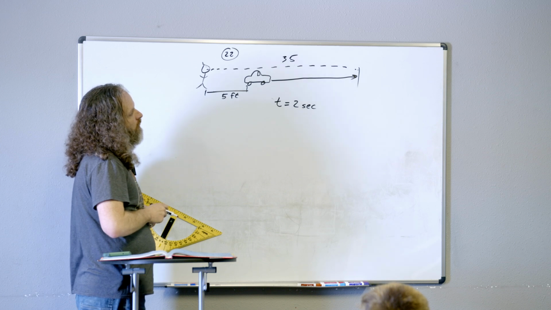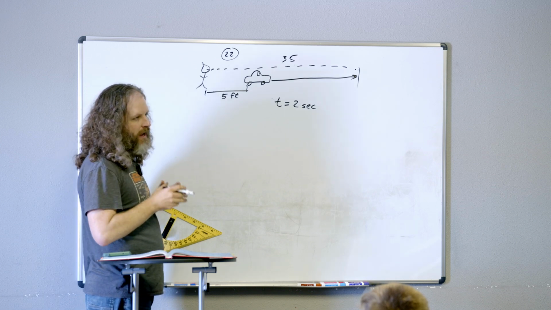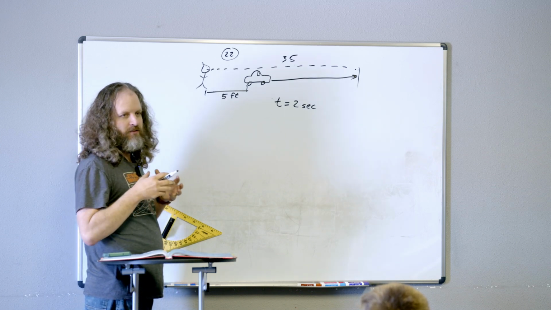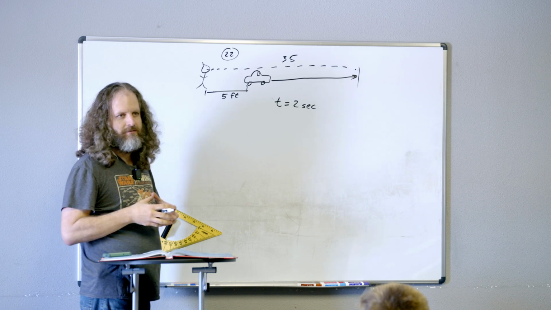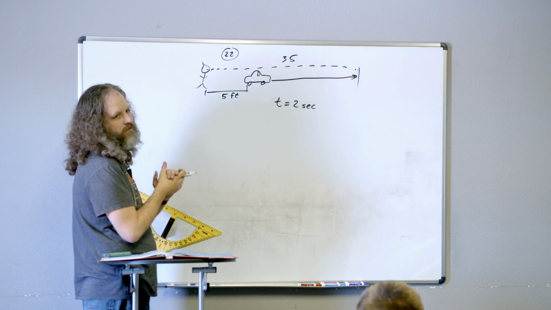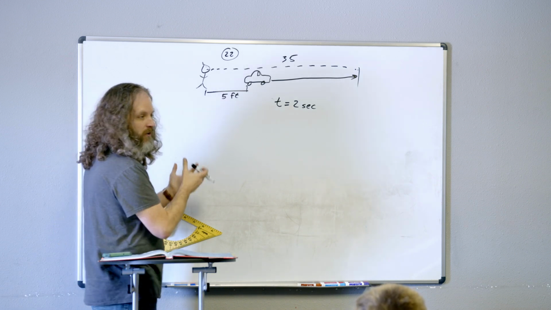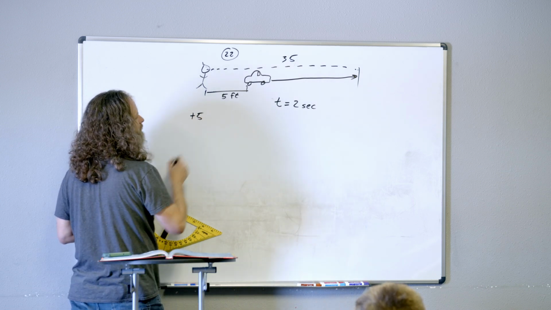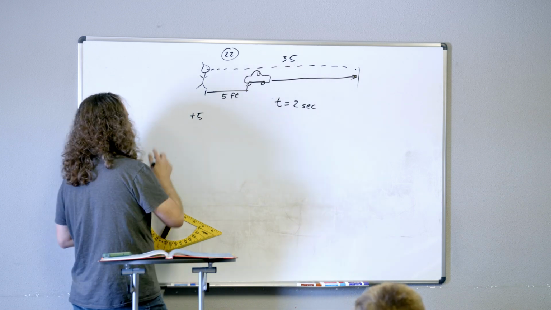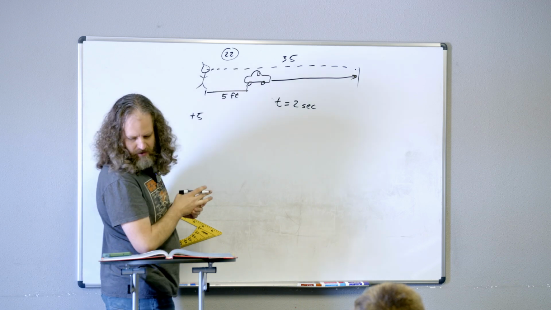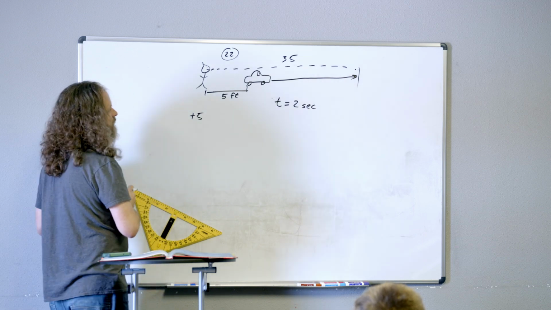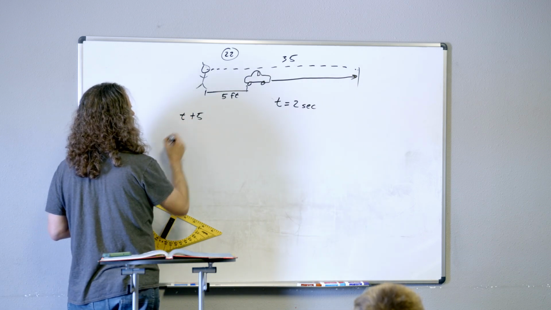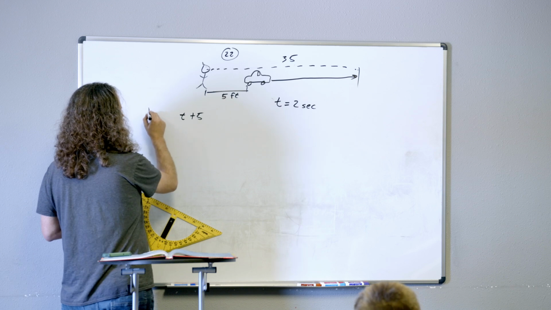So the y-intercept part is where the situation starts, right? So where does it start? At 5 feet, right? So the equation is going to be something plus 5. Something times the time is the distance.